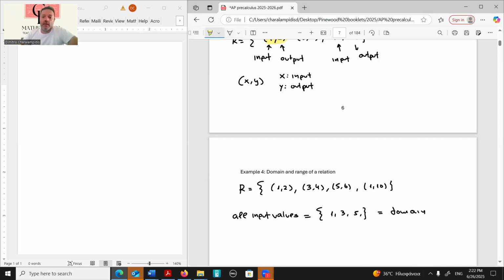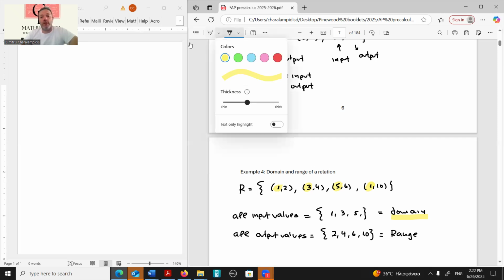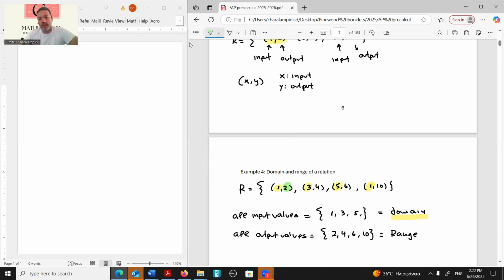So the domain is just the set that contains all input values. Similarly, if I now collect all the output values, again it's a set, so I need to put that in that special pair of brackets: {2, 4, 6, 10}, then this is how we form the range. So that would be the range.